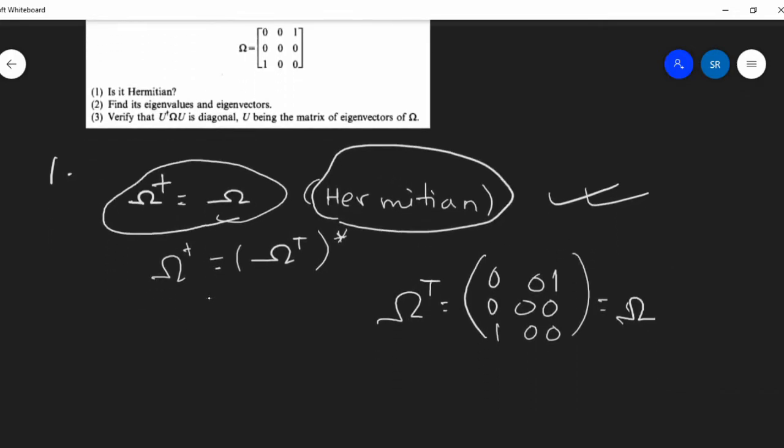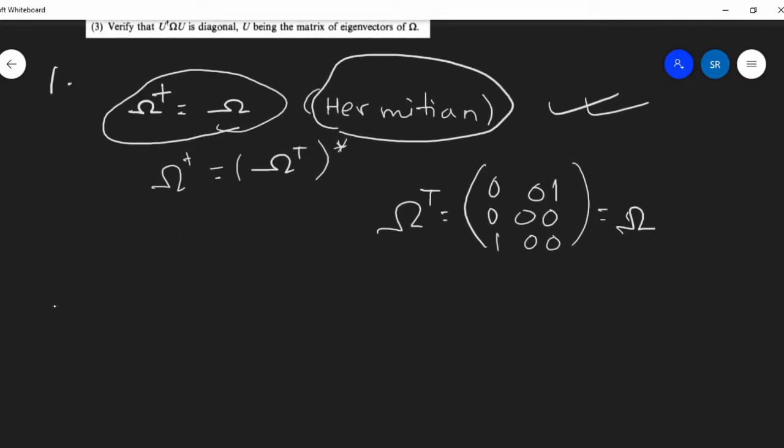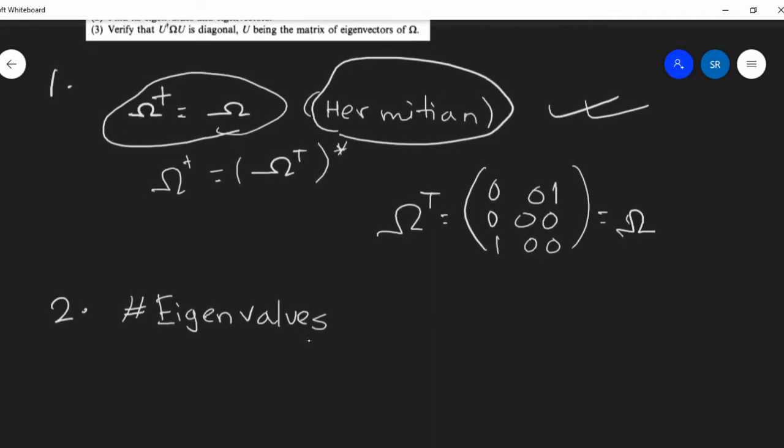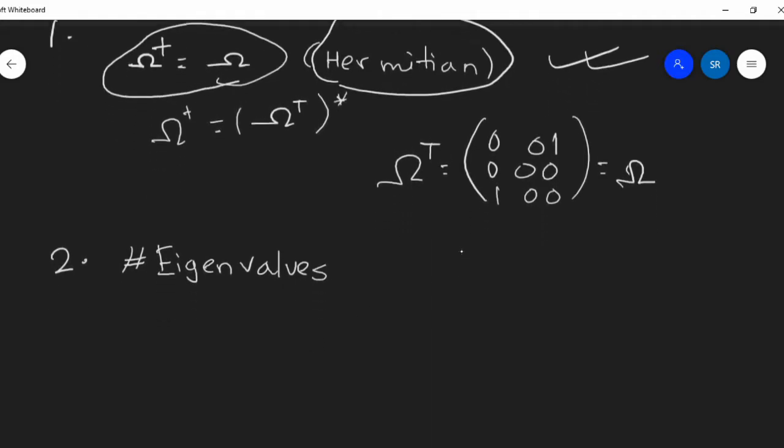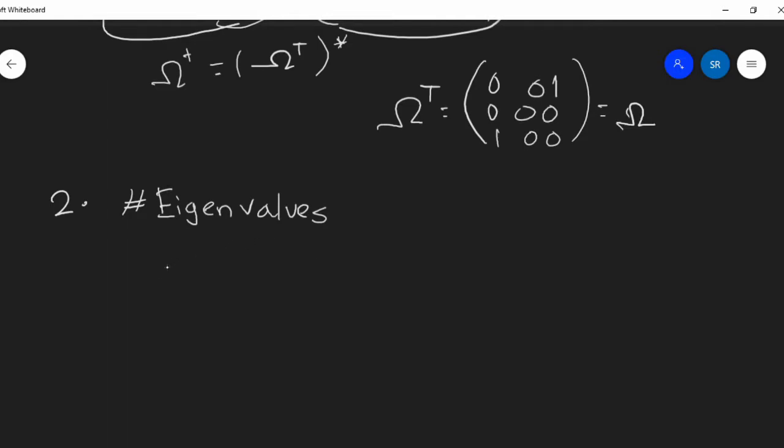Number 2. Find its eigenvalues and eigenvectors. Let's start with the eigenvalues, because without the eigenvalues we can't figure out the eigenvectors. What's the conventional method?